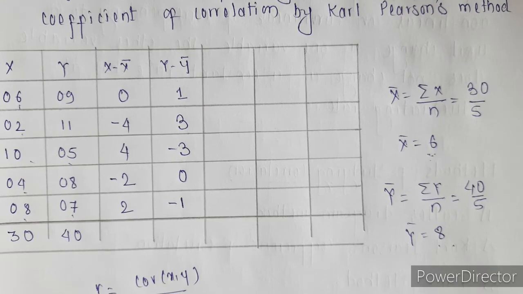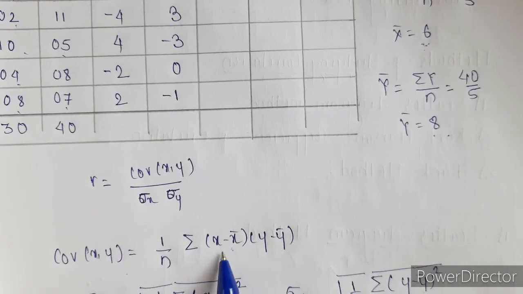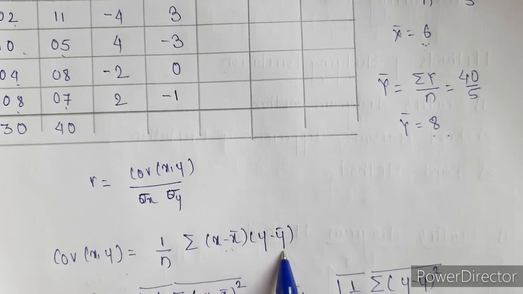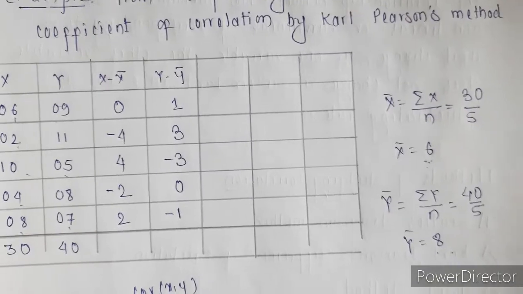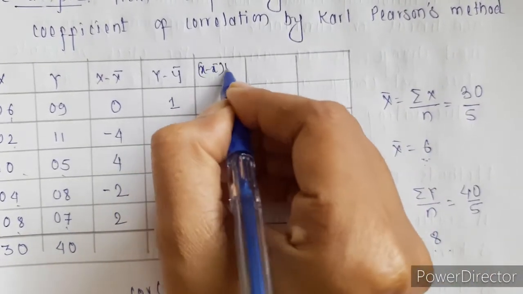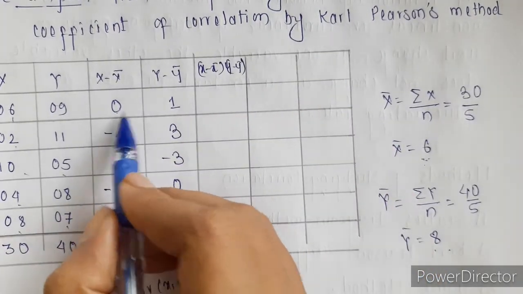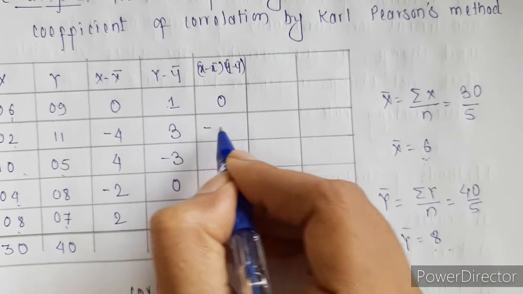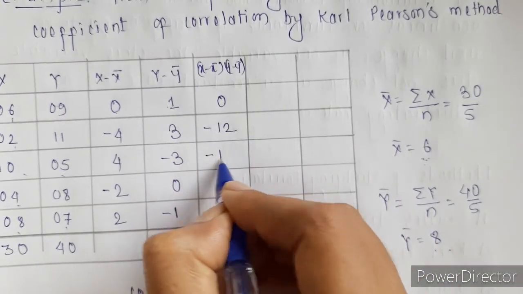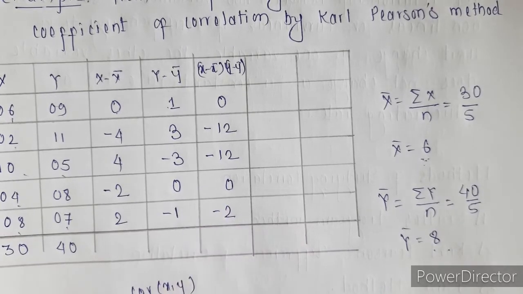Okay. So for covariance we need the summation of the product of these deviations. We have to multiply x minus x bar with y minus y bar. So just multiply these. This will be 0, minus 12, minus 12, 0, and minus 2.